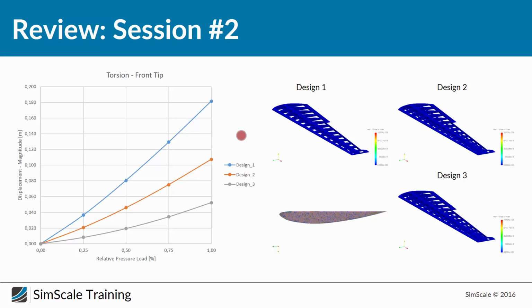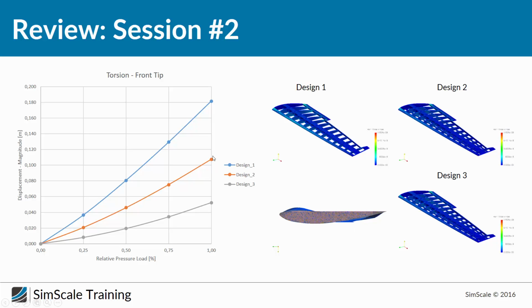So again, here you can see all three wings compared. Now we are looking from this side, and now you can see how it bends for different loads. This is how our front tip goes up and how our rear tip goes down.